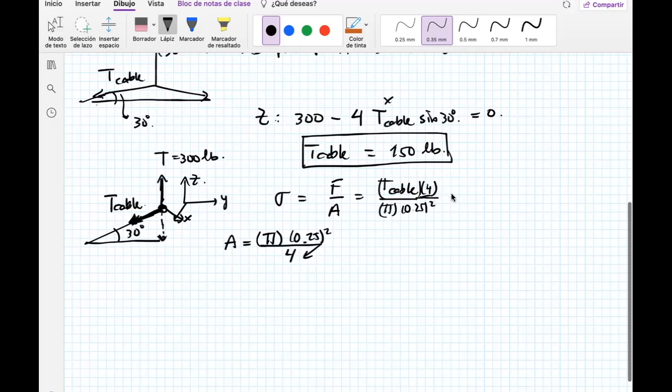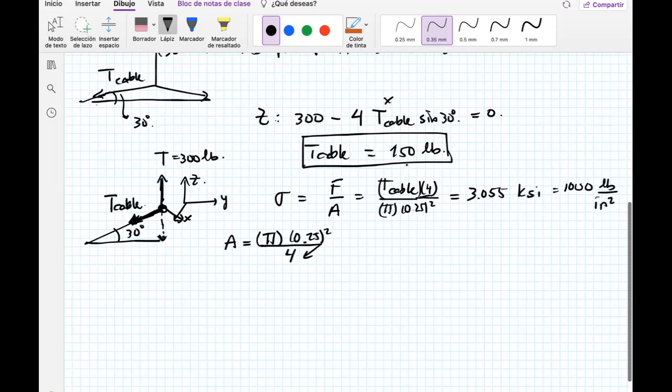Okay, so long story short, you have everything you need here, and this will be around 3.055 KSI. This means 1,000 pounds per inch squared. That's what it means.